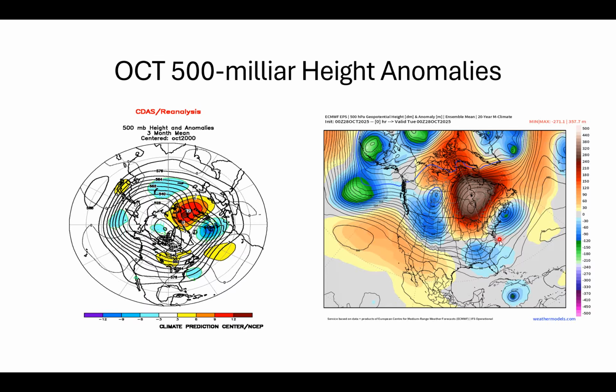And then we also see these below normal heights associated with troughing off the eastern seaboard today in late October 2025, versus October of 2000.